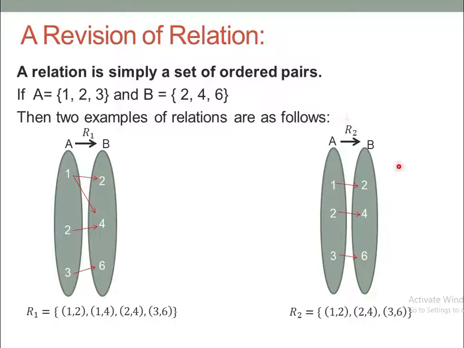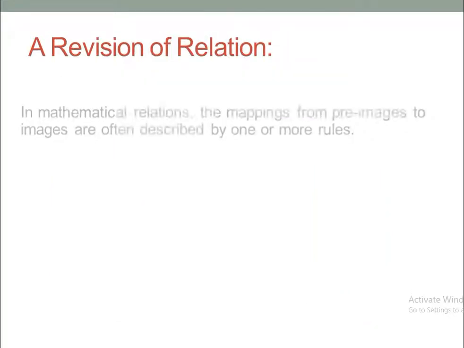R2 is another relation where 1 is related to 2, 2 is related to 4 and 3 is related to 6. So the relation is (1, 2), (2, 4), (3, 6). R1 and R2 both are actually sets of ordered pairs. First elements are called pre-images and second elements are called images.